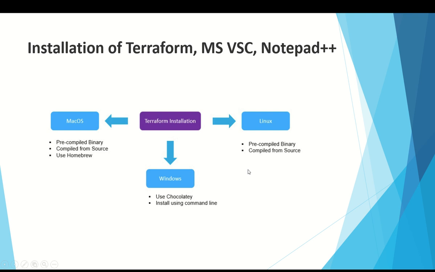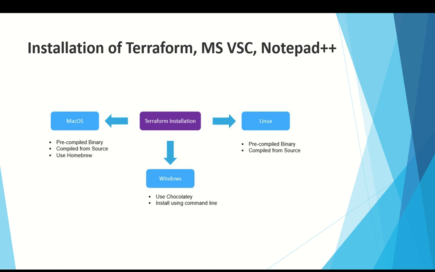Chocolatey is for the people who practice using Chocolatey. Not only Terraform, we can install a lot of applications. It makes things pretty simple, using one command it will install whatever you want. Simply install Chocolatey once, then, for example, if you need to install Terraform, go to command prompt and run choco install terraform.